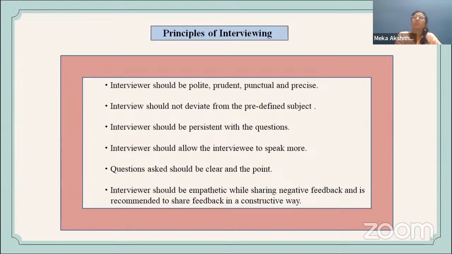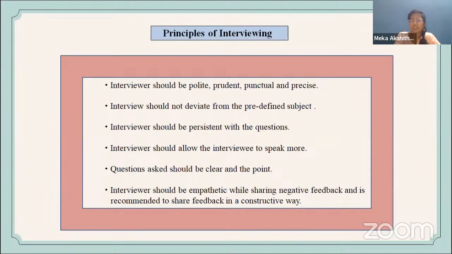So you should not be going beyond the levels of what you want. For example, if you are taking an interview for a particular job, your questions should be regarding that particular job only. You should not get deviated from the questions related to the interview, and you should not go to personal life questions or something which makes the candidate uncomfortable.